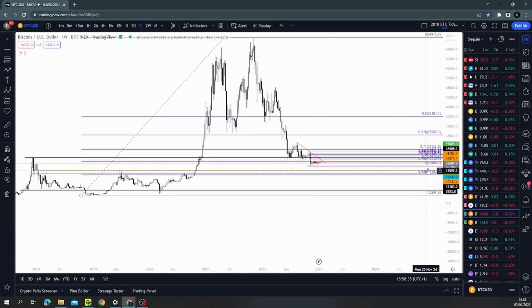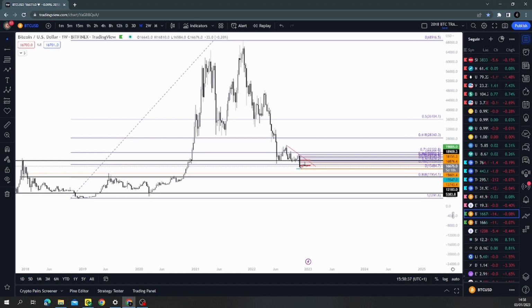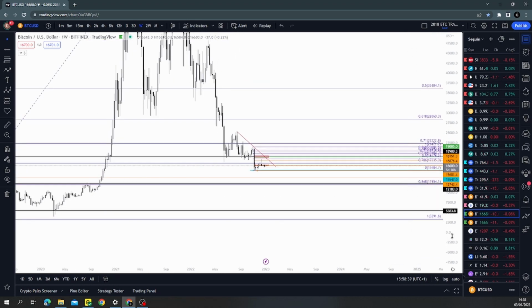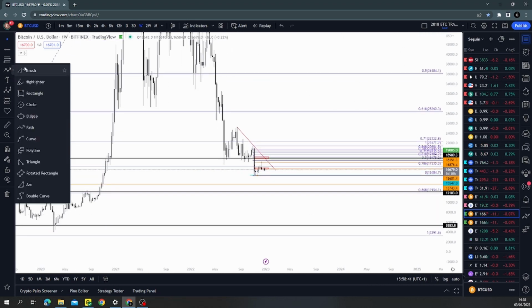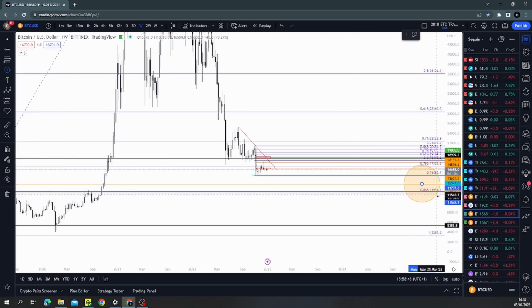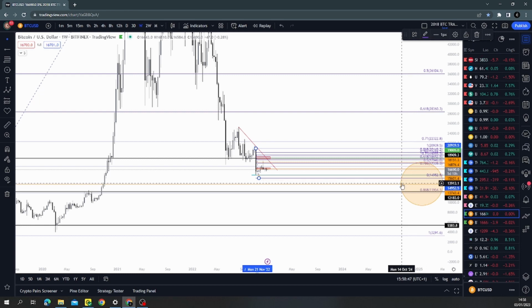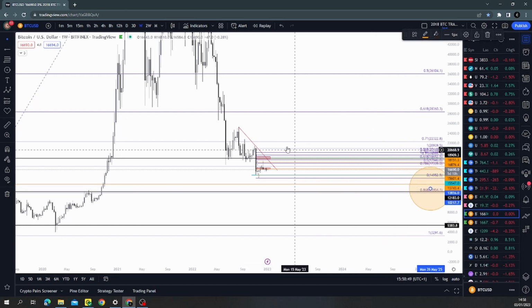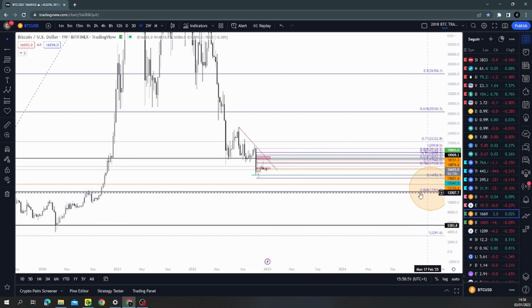What we see here, if I focus more inside, is a very important Fibonacci retracement, here the 0.868. We have already 3 confluences.